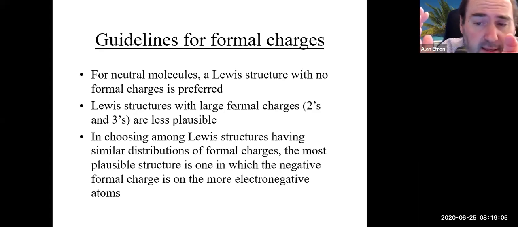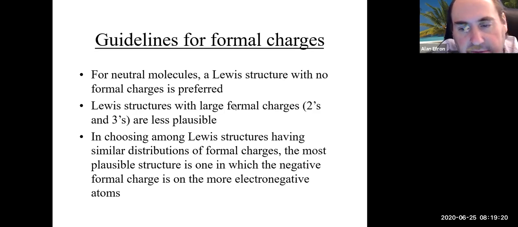Or why could I not make a triple bond versus single bonds, or a double bond versus some single bonds? We can use formal charge to help us decide between different Lewis structures which is the better version of a Lewis structure.